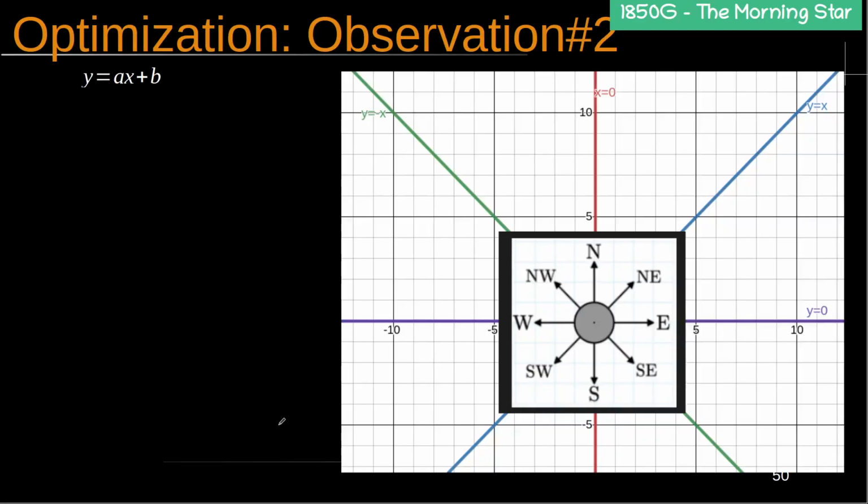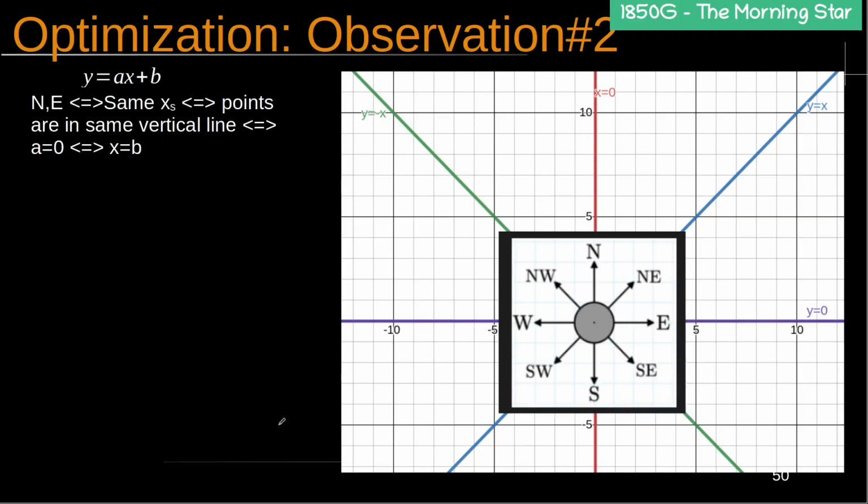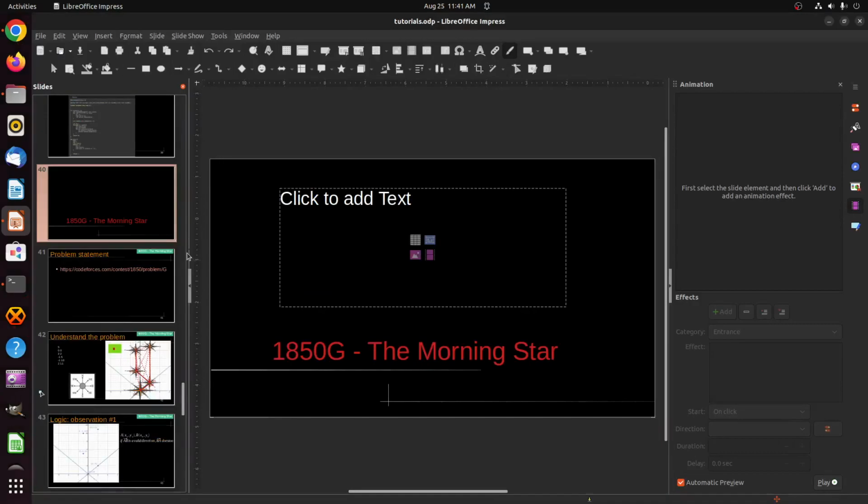The observation number 2 of the optimization. If we have y is equal to x plus b, the slope times x plus b, b is constant. If I have a direction to the north, east, or east, north. Sorry, here not northeast, I'm saying north south here.